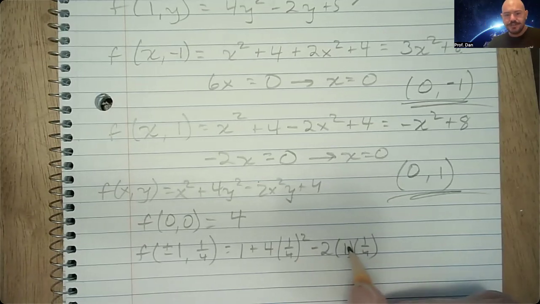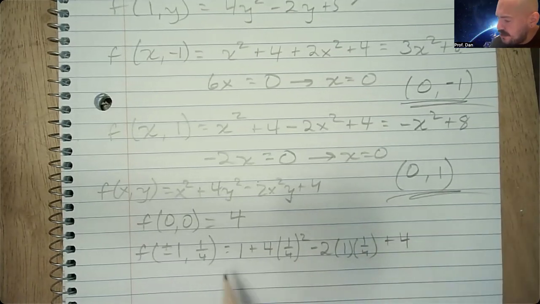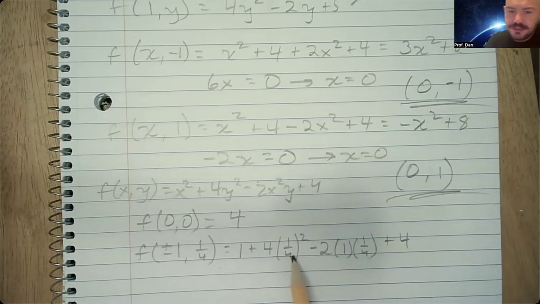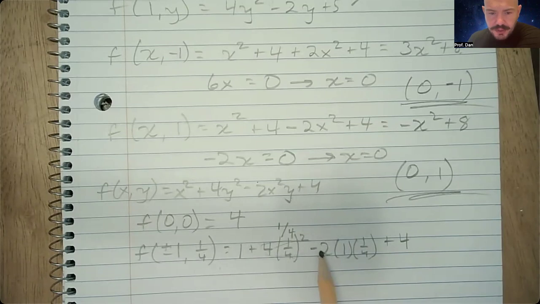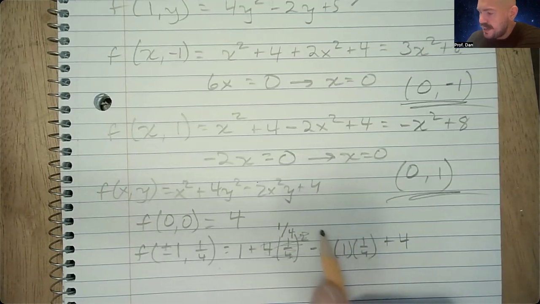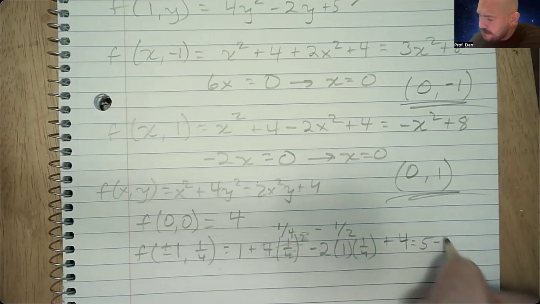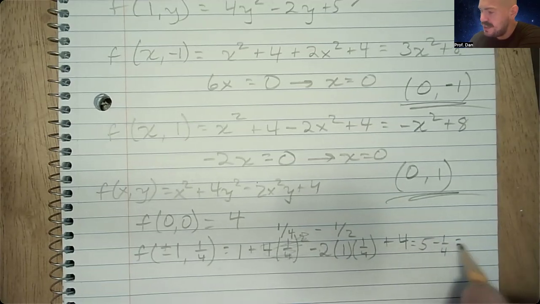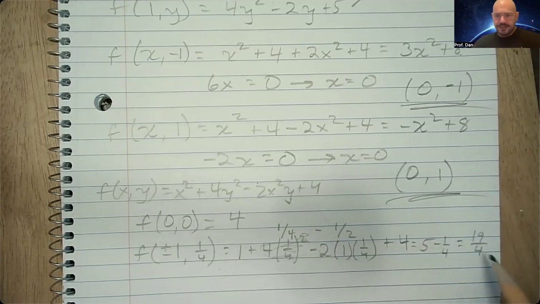Positive or negative 1 squared will just give me 1, so I'm only writing 1. Doing a little arithmetic, this would be 1/16. If I multiply that by 4, this becomes just 4/16, also known as 1/4. If I multiply these together, 2 times 1/4 gives me 1/2. If I take 1/4 minus 1/2, that gives me negative 1/4. So 5 minus 1/4 gives me 19/4. And if I wanted to write that as a decimal, that would be 4 3/4 or 4.75.